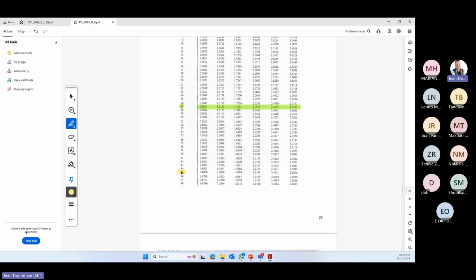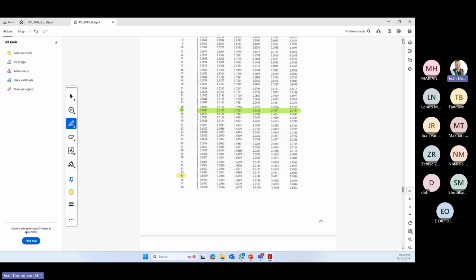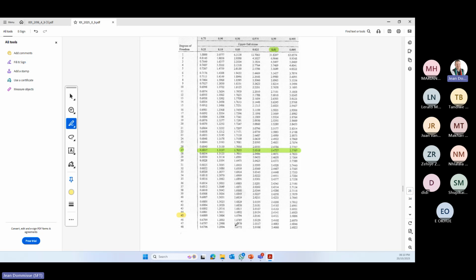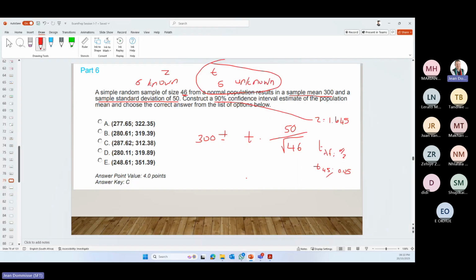Okay, so 45, and let's just make sure 0.05. Okay, so it's very close. So 1.6794, 1.6794, very close to 1.645.